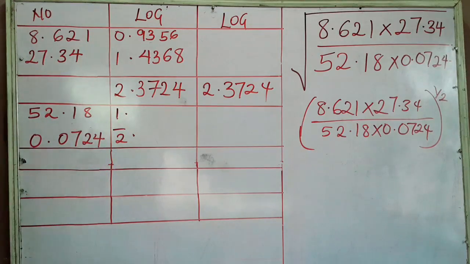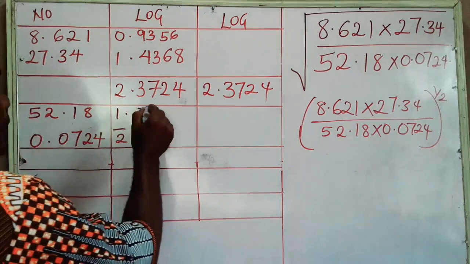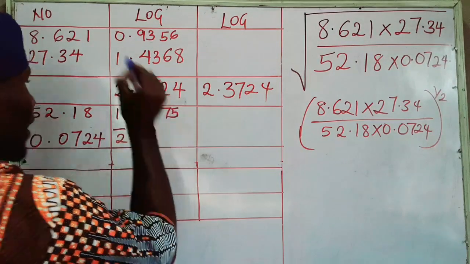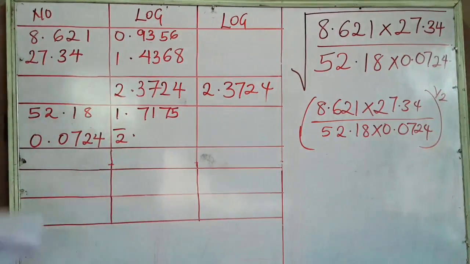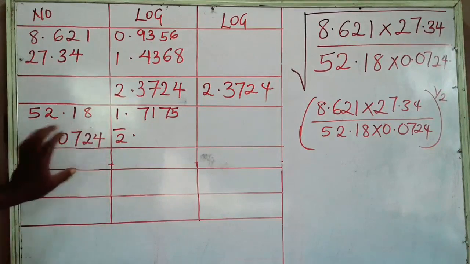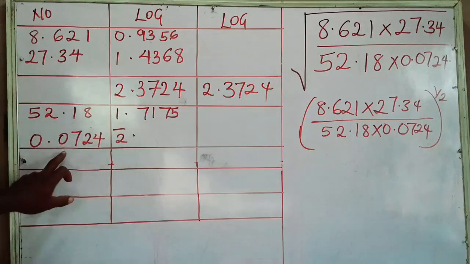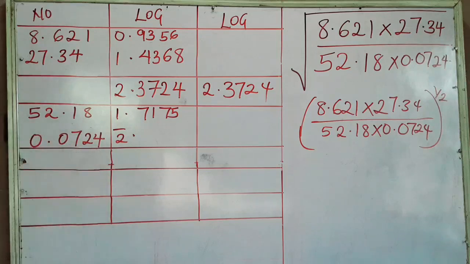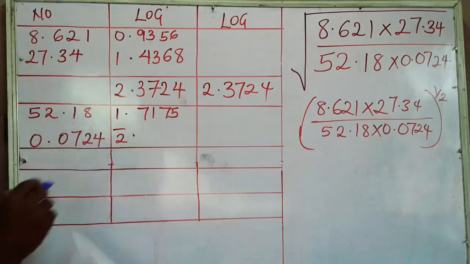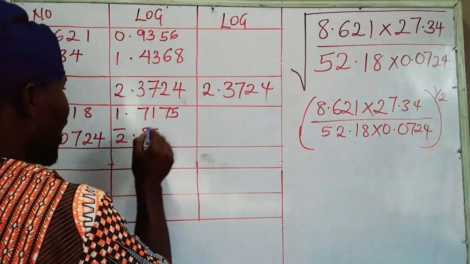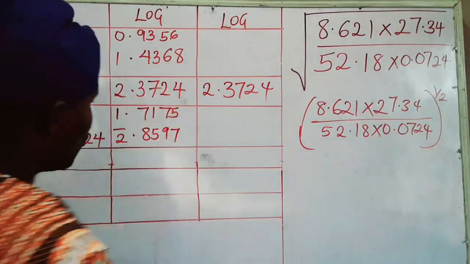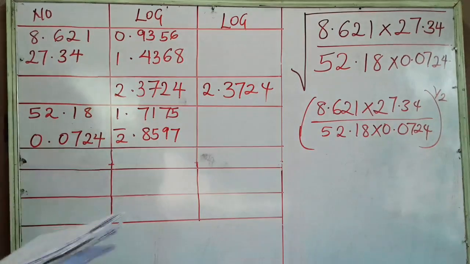In looking for the value of 52 under 1, difference 8, we get the value of 7175. So 7175 is the value for this. Therefore, this is bar 2. You will now find the logarithm of 72 under 4, and 72 under 4 gives us 8597.